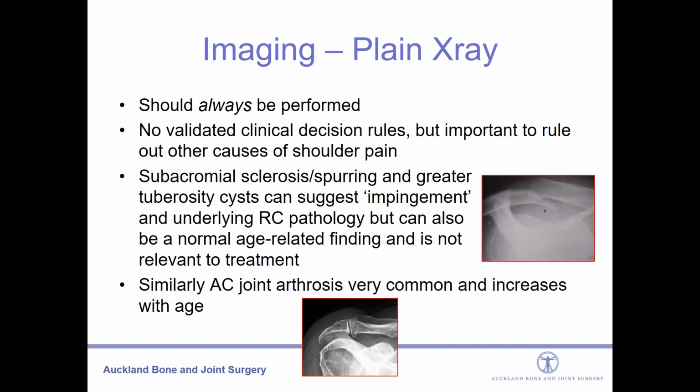But these can also be entirely normal and an age-related finding. So if they're relevant because of what you found in the history and examination, great, but don't put a lot of weight on them. And similarly, acromioclavicular joint arthritis, over the age of 50, it's almost a uniform finding.